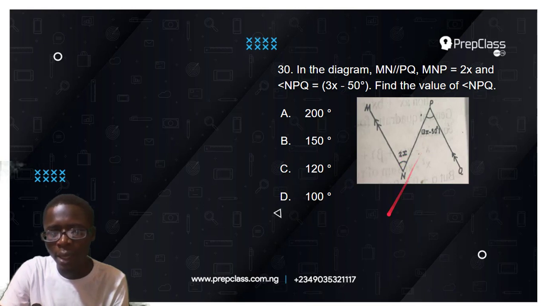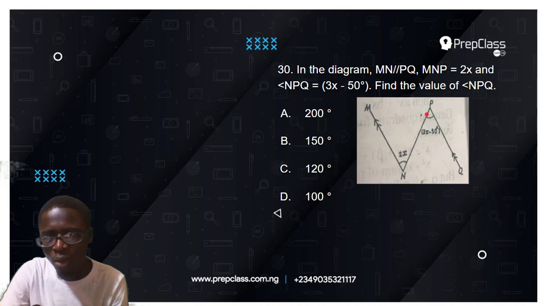And NPQ is equivalent to 3x minus 50. So what's the job here for the student? It says find the value of angle NPQ. So angle NPQ is our target.